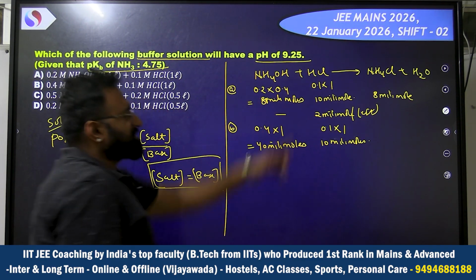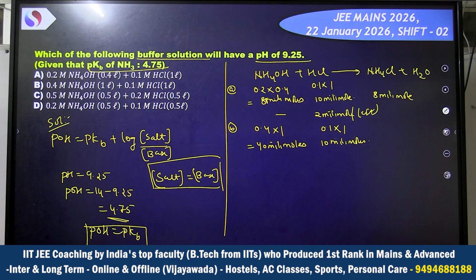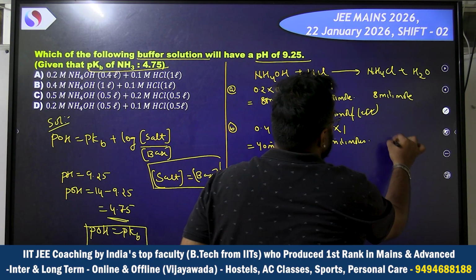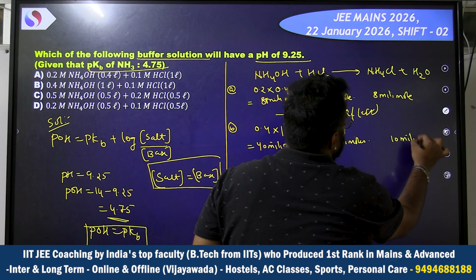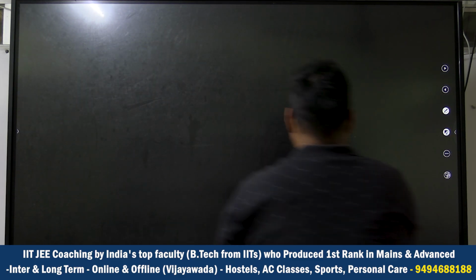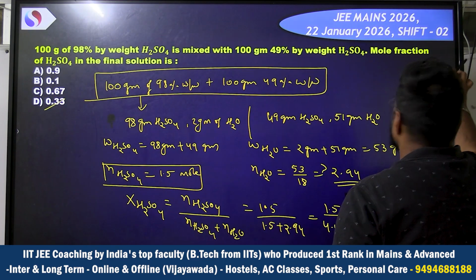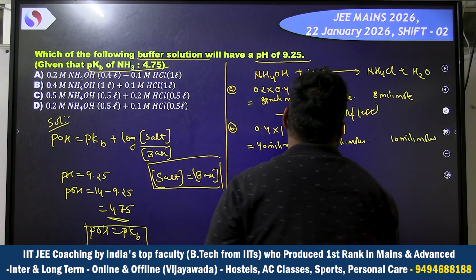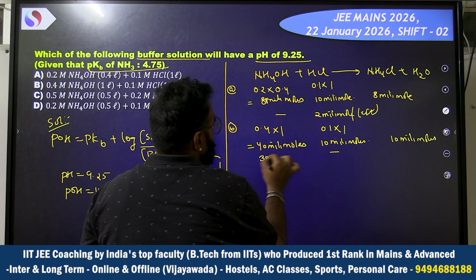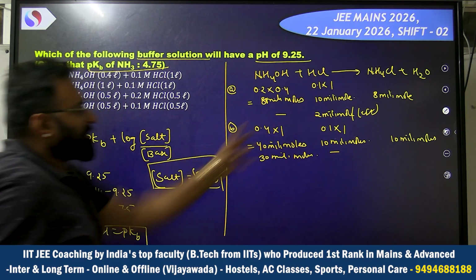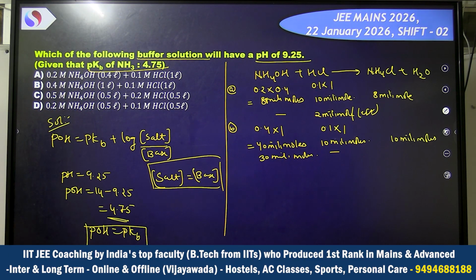So obviously acid is the limiting reagent. The salt will be 10 millimoles, and the base is 30 millimoles left. So obviously option B is also not possible, because we need the concentration of salt and base to be equal.